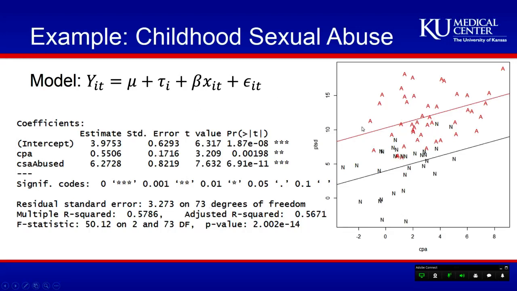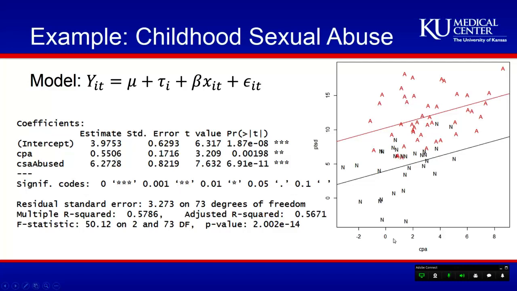And so fitting this model gives me the results, just like we saw before, estimates of the intercept, which has to do with some level of baseline PTSD values, and the slope parameter, which describes how PTSD levels are changing as a function of childhood physical abuse.